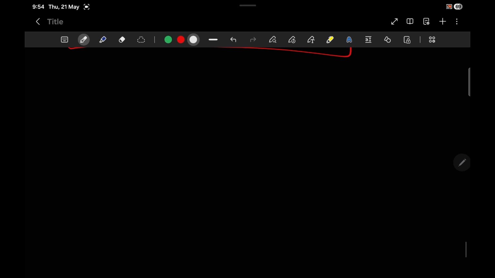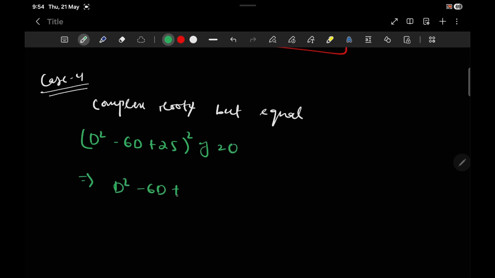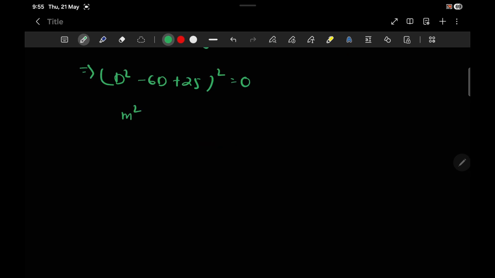Similarly, for case 4, if we have complex roots but equal, consider the equation (d square minus 6d plus 25) whole square into y is equal to 0. The auxiliary equation will be (m square minus 6m plus 25) whole square is equal to 0.